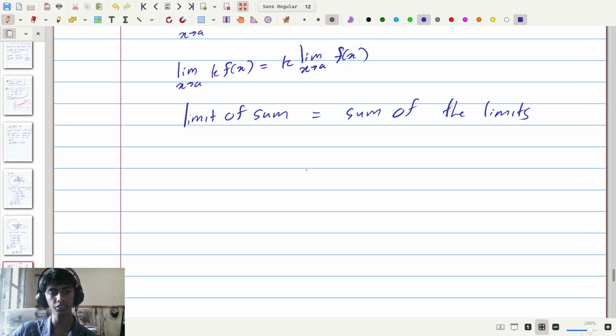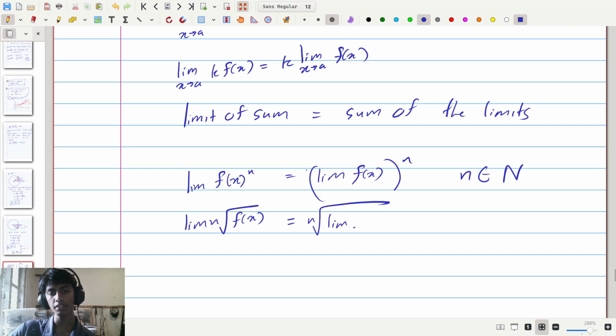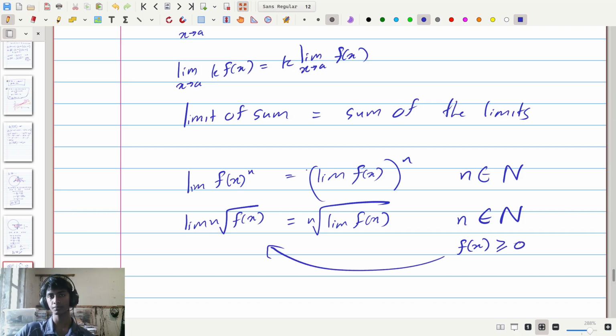So the limit of f(x) to the power of n is equal to the limit of f(x), whole thing to the power of n, for n being an element of the natural numbers. And then the limit of the nth root of f(x) is equal to the nth root of the limit of f(x). For this one, we had the natural number condition, and the extra condition that f(x) is greater than or equal to 0 within the valid range for the limit.